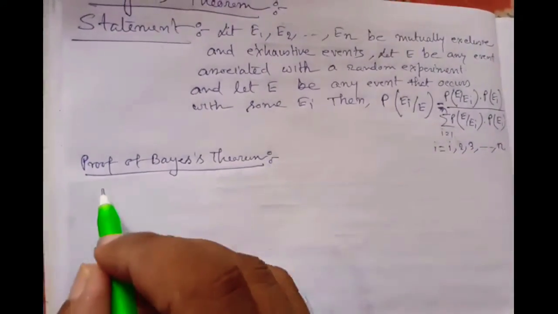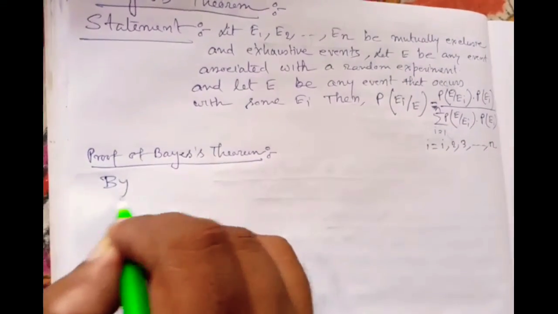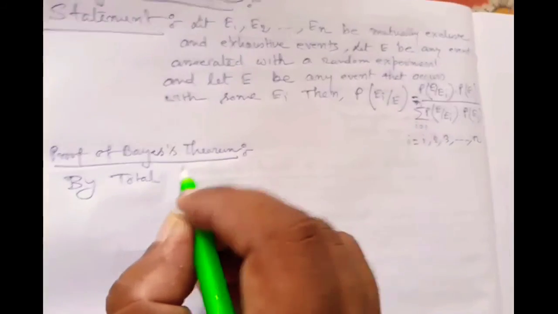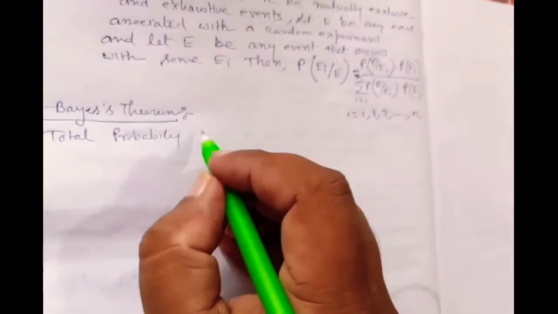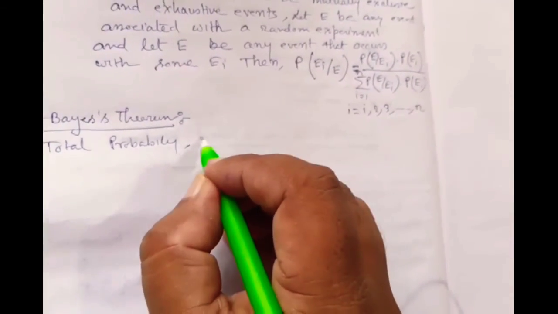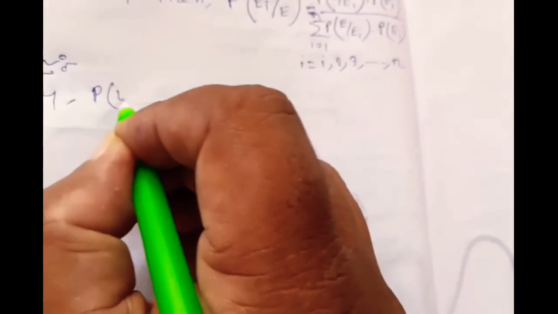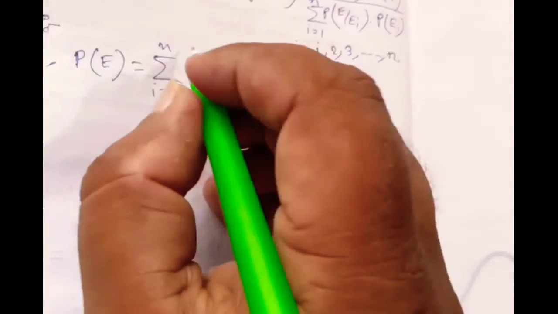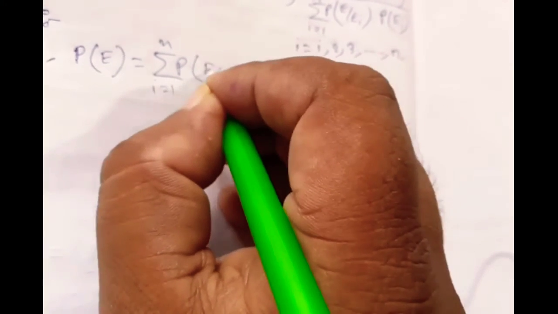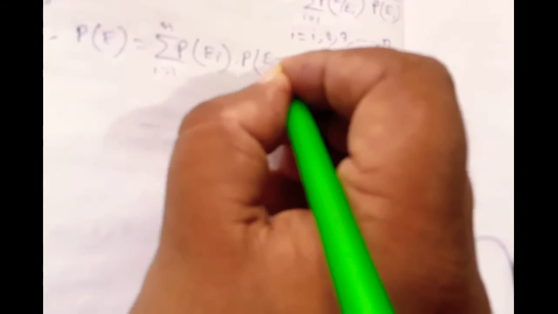Now let us come to the proof. So, proof of Bayes theorem. Now by total probability we get P of E equals summation i equal to 1 to n P of Ei into P of E by Ei.